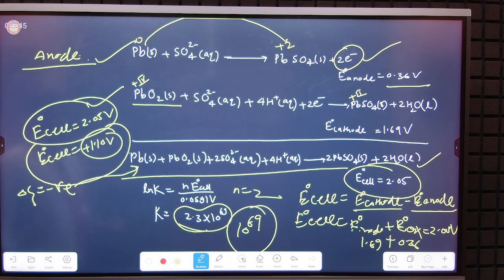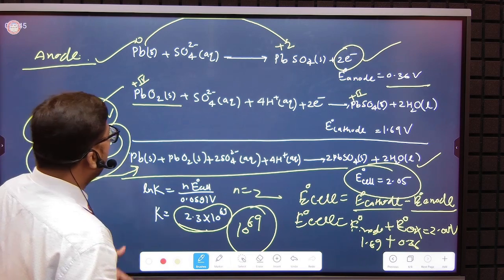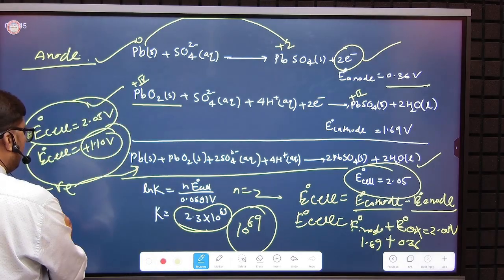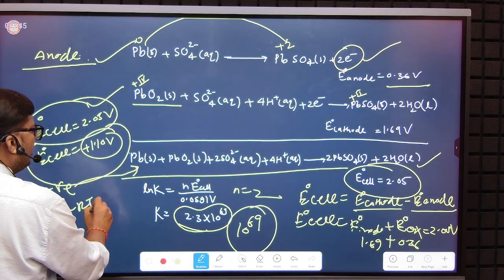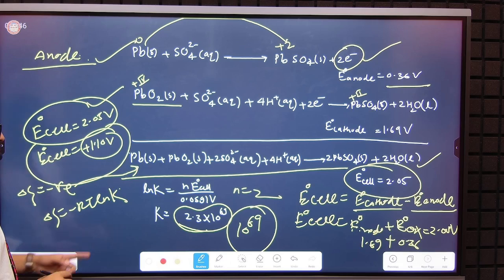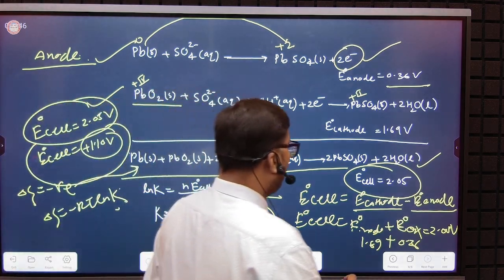So this delta G is minus RT ln K. So if ln K is very high, then delta G will naturally be very large in magnitude, right?